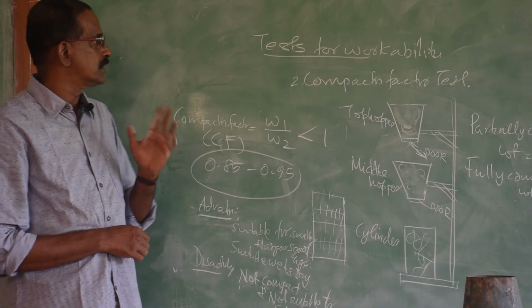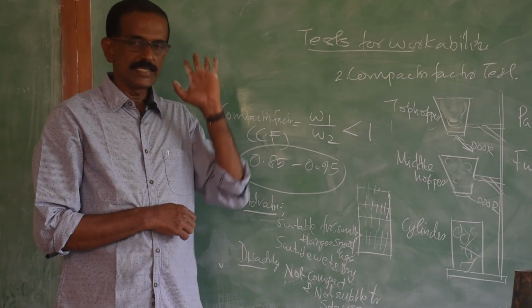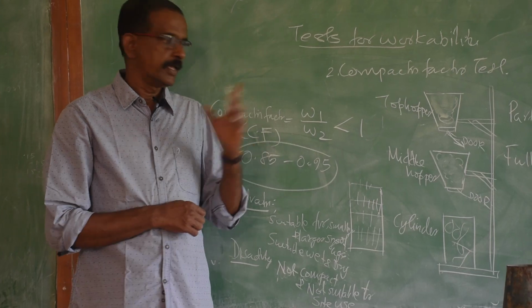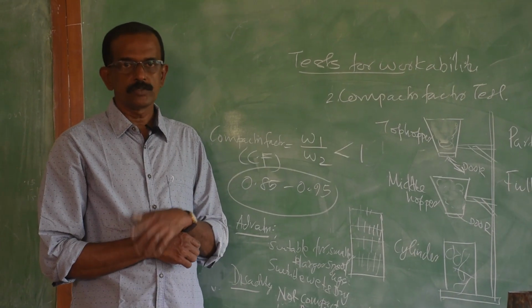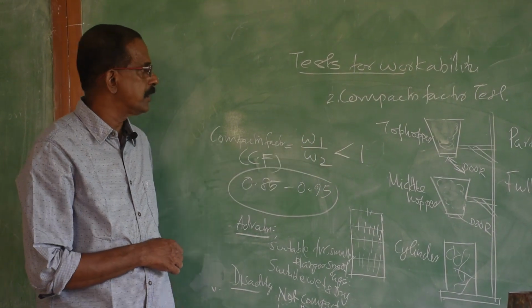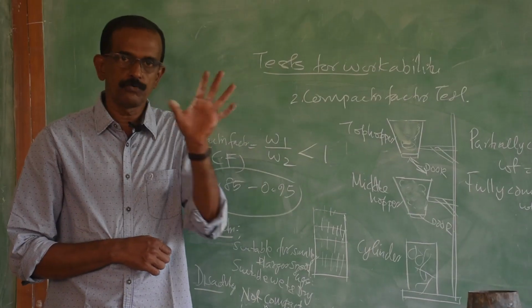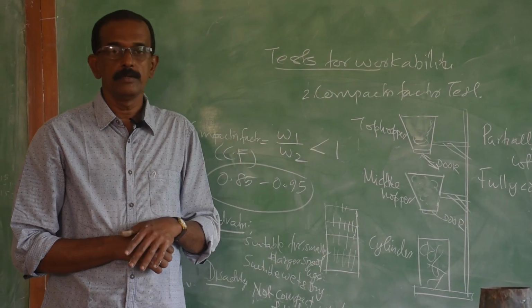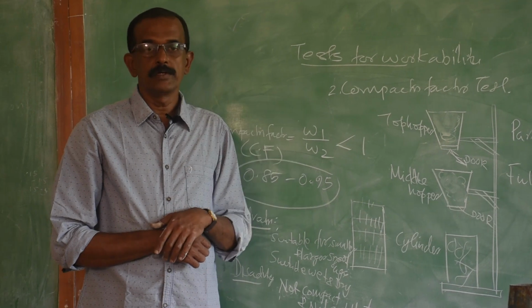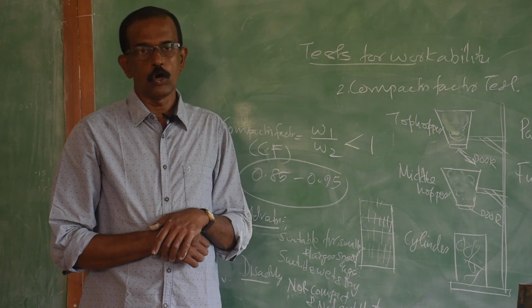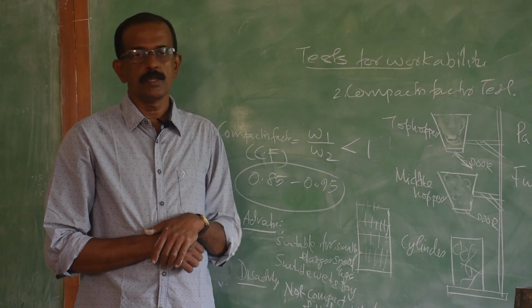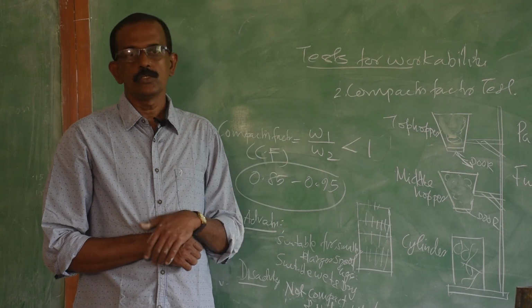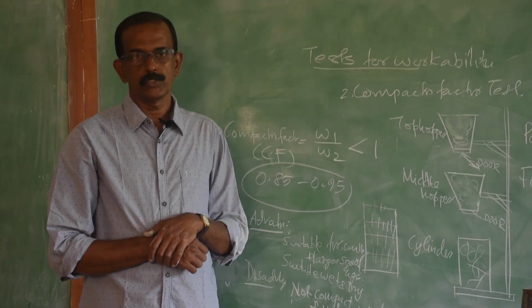So, these are the two tests for workability. One test is a field test, another test is a lab test. Sometimes in the examination they may ask, describe the lab test for concrete workability, describe the field test for workability of concrete. Field test, slump test; lab test, compaction factor test.